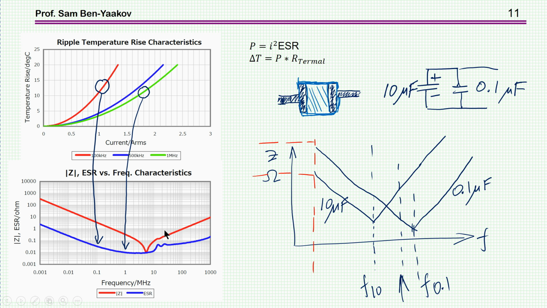Let me just say that the temperature rise is a function of the power dissipated. This will be the I squared ESR at the operating point. And the increase in temperature is a function of this power times the thermal resistance. That is the thermal resistance between the element here, the capacitor, which is soldered on the traces here.